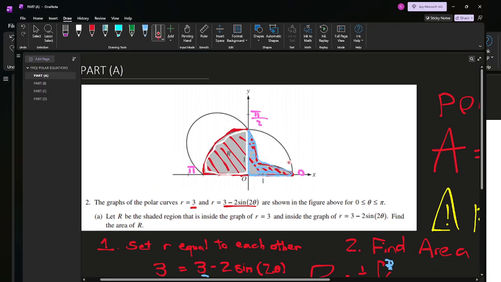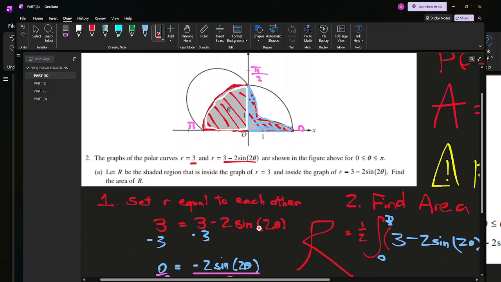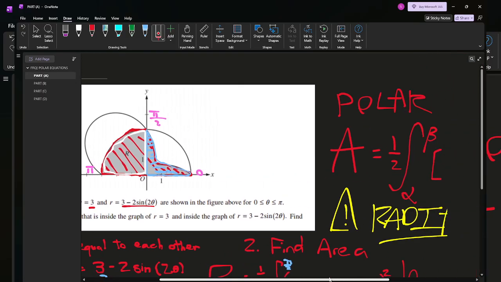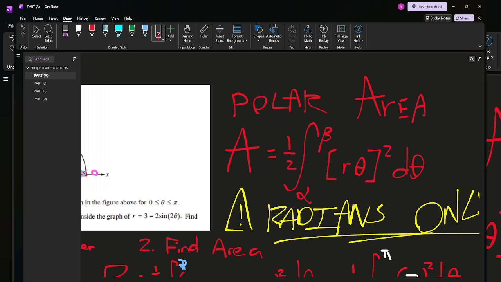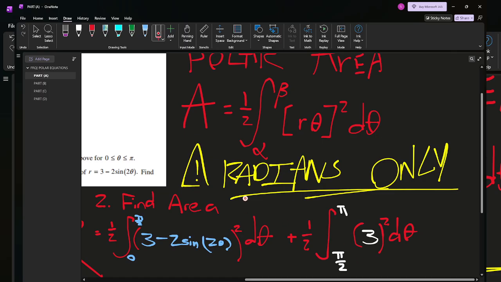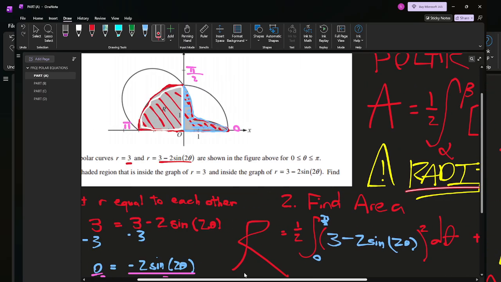Now, what you need to know is that the polar area formula is displayed over here, and remember that this has to be in radians only.